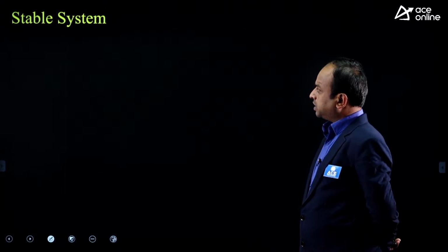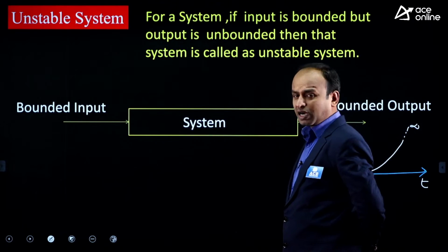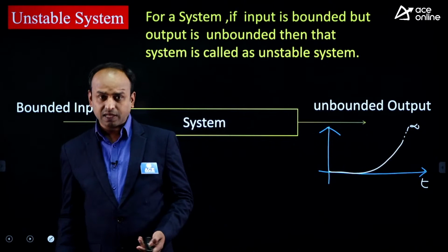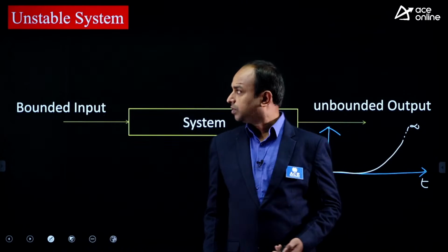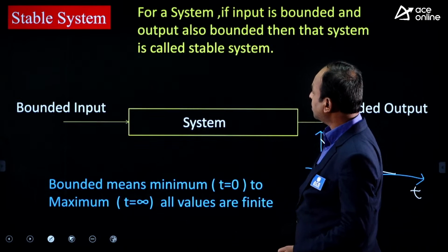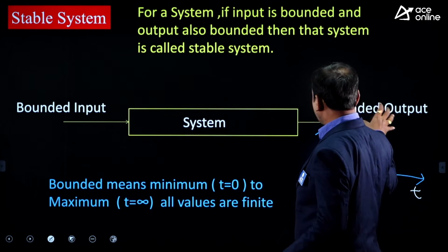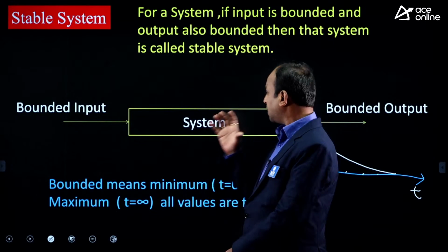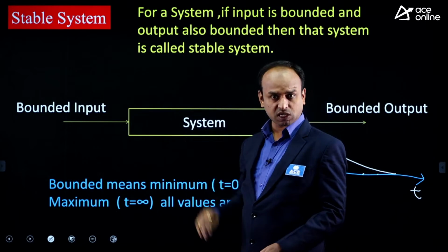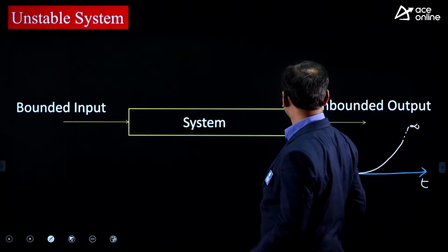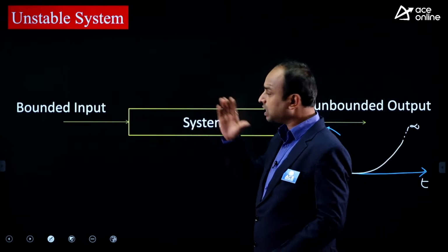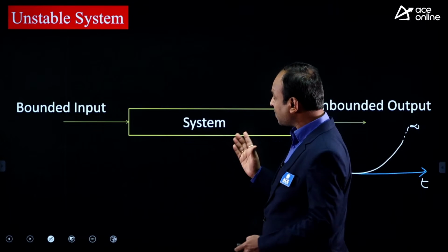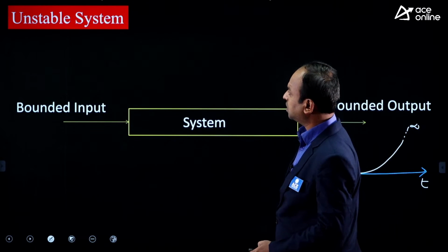Now, to see what is stable and what is unstable, I'll give some simple examples. Once more, if the output is under the control of the input, that system is called a stable system. If the output is not under the control of the input, that type of system is called an unstable system.